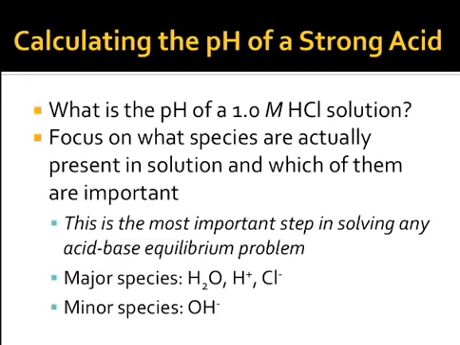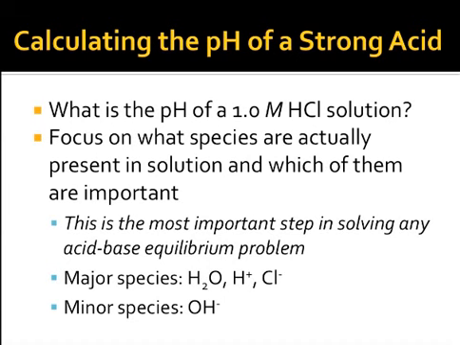So how do you calculate the pH of a strong acid solution? Let's study this example, a 1.0 molar hydrochloric acid solution. To solve this problem, and any acid-base problem, we need to focus on what molecules and ions are present in solution and which among them are important for determining equilibrium concentrations and thus the pH.